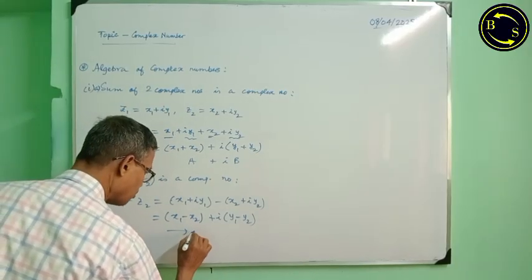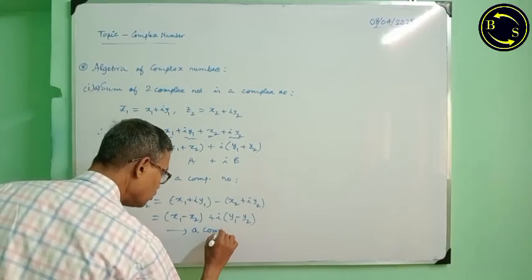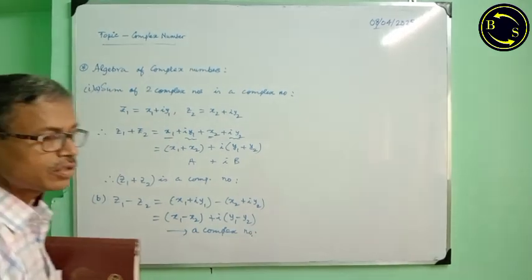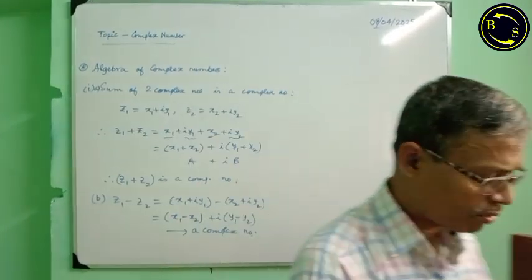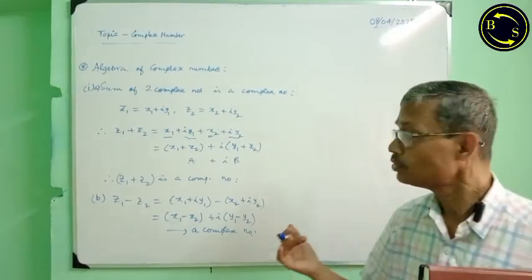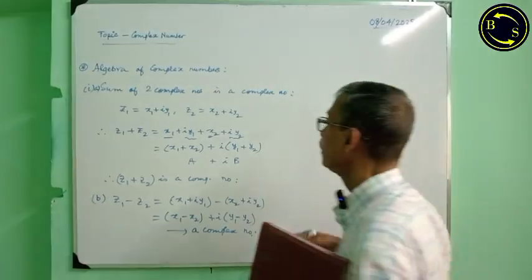This is also a complex number. Thus, sum of two complex numbers or difference of two complex numbers is also a complex number.